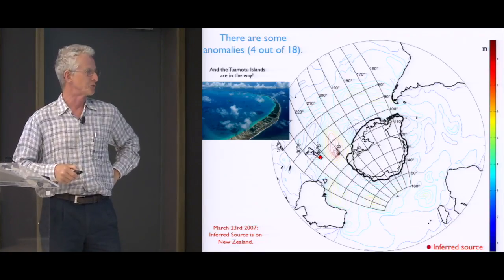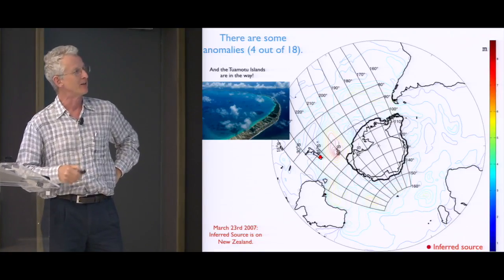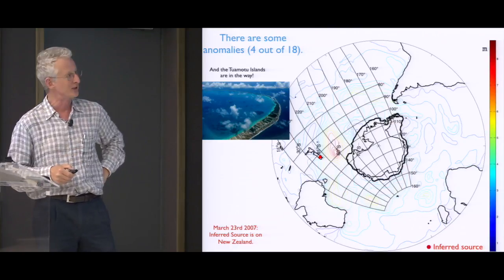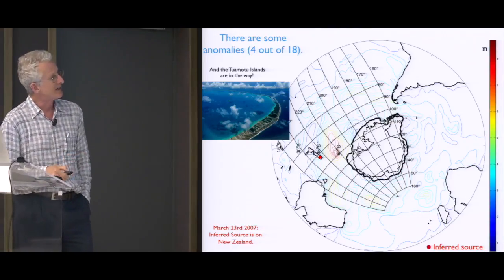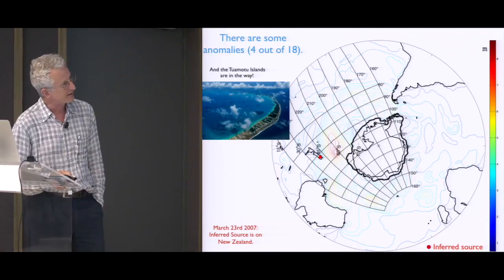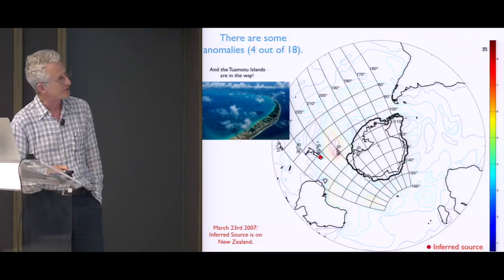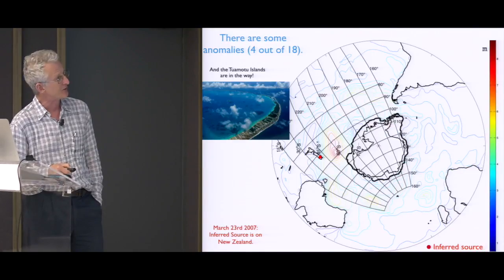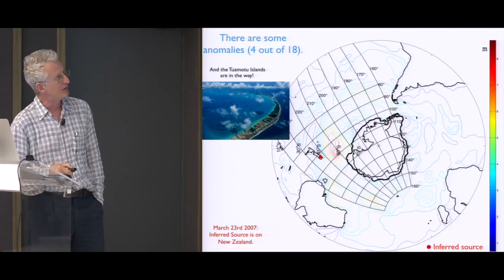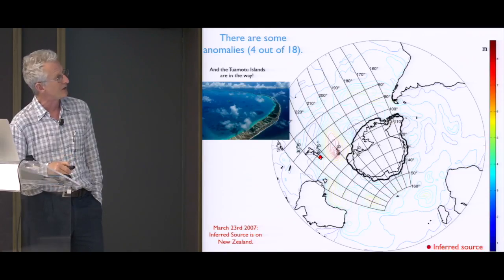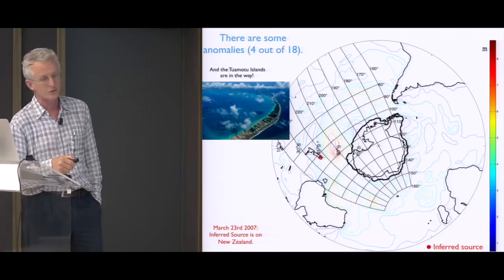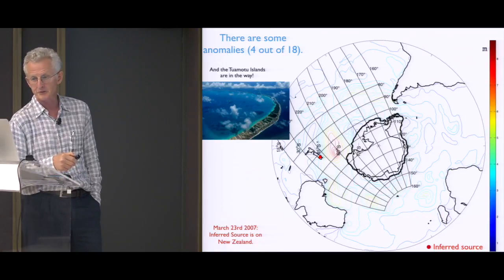And of course, if the storm really was centered over New Zealand, there wouldn't have been a signal generated at all anyway. And it's worse than that, because if you take this storm and follow the Great Circle, that's this path here, 210 degrees, measured from the north to the buoy off the coast of California, you'll pass right through a very dense island group called the Tuamotu Islands, which is part of French Polynesia.